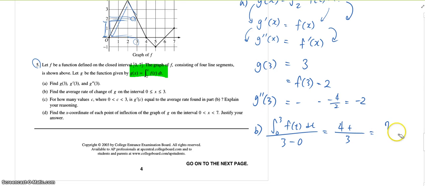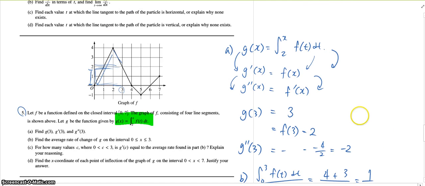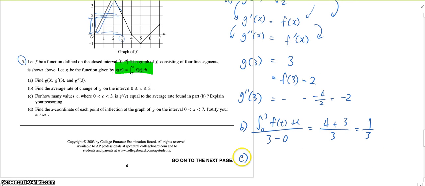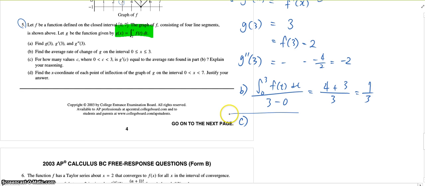And the next stage is part C. In part C, we have to find the value c where g prime of c equals the average rate we got. This is really simple. We just set g prime of c equals 7 over 3, right?